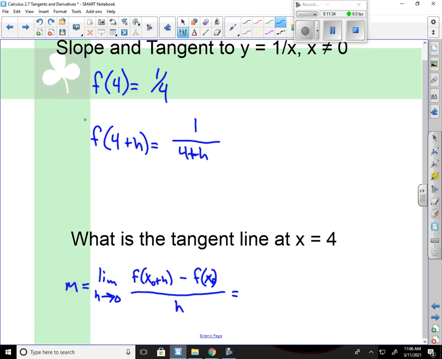This is f of 4 plus h. It goes in for x naught plus h. And f of 4 goes in for f of x naught. So it's the limit as h approaches 0 of 1 over 4 plus h minus 1 over 4, all over h.